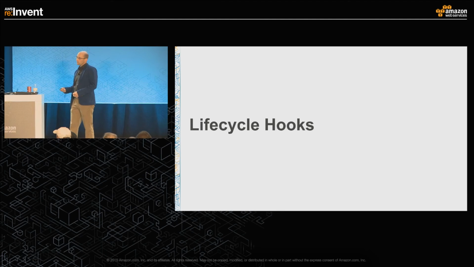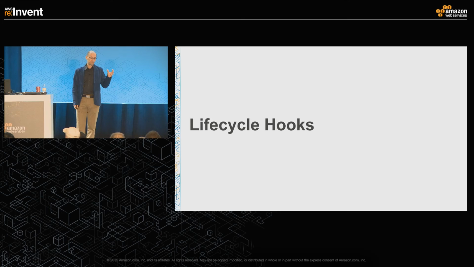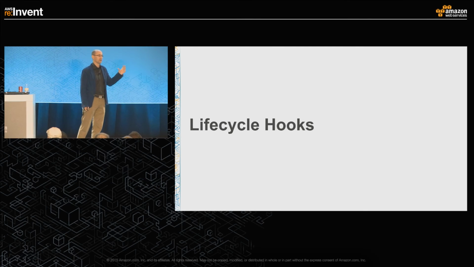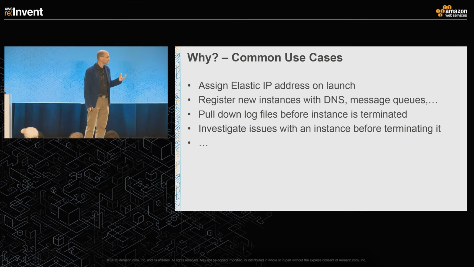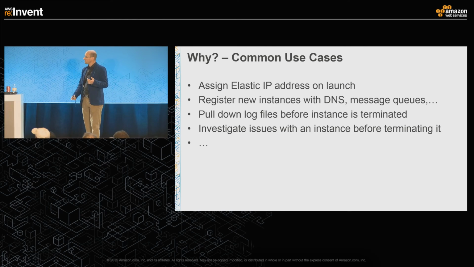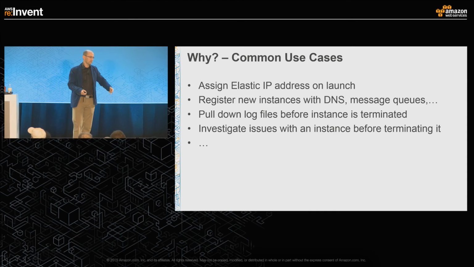Now, if you want to take more control, you can actually hook into those lifecycle transitions. That gives you quite a bit of control over how exactly instances are launched and terminated. Why would you want to do this? There's a couple of common things that people always ask how to do. For example, I have a pool of elastic IP addresses. Whenever I launch a new machine, I want to assign one, right? That's something that you could do on startup.